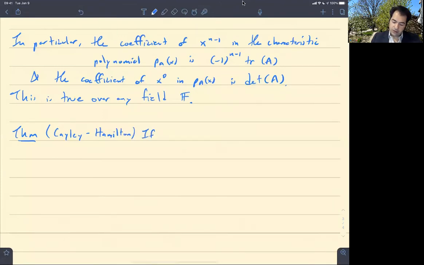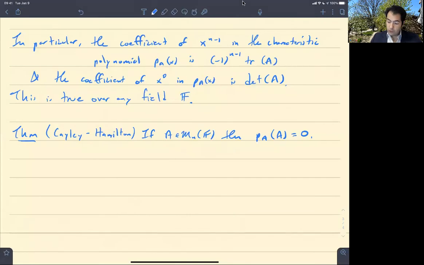And this says, if you have an n by n matrix, and you take the characteristic polynomial of your matrix, and then you replace the variable with A itself, you get 0.